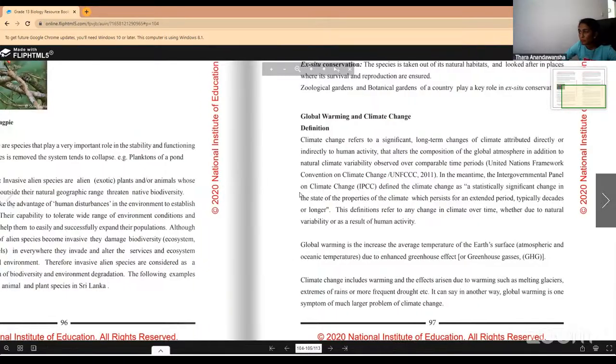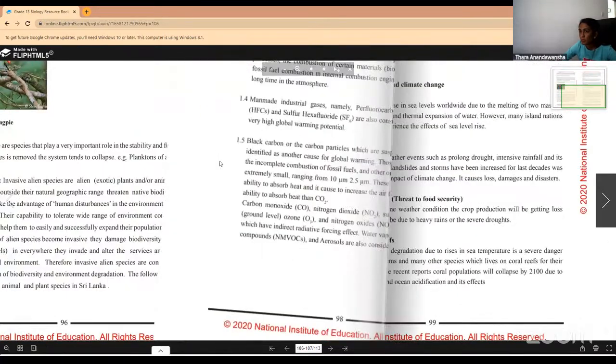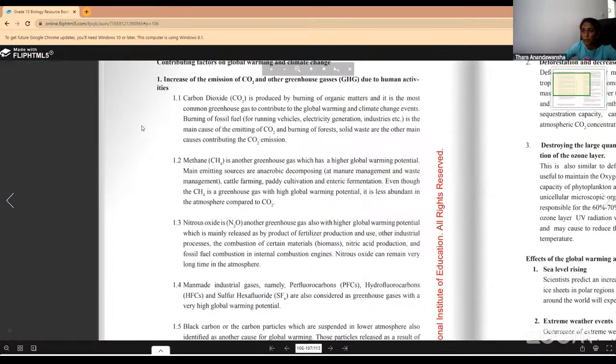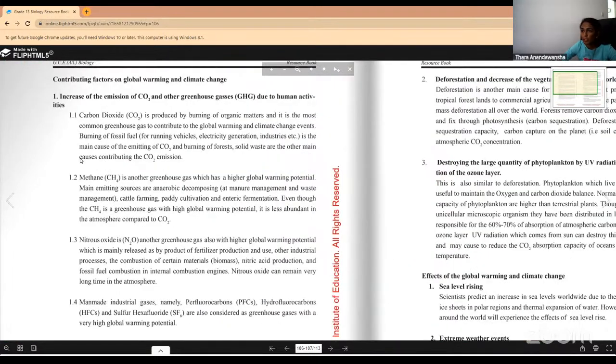Right, let's see the gases that are contributing to global warming and climate change: increased emission of carbon dioxide and the other greenhouse gases.